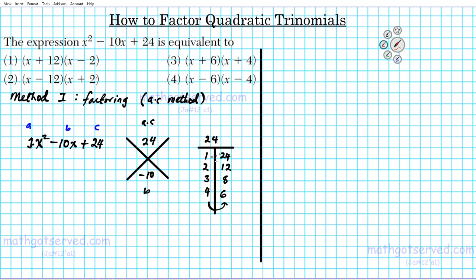All right? First pair gives you 25 or 23 when you add or subtract. That doesn't work. The second one gives you 2 and 12. When you subtract, you can get 10. When you add, you can get 14. Oh, we have 10 here. So let's try that out. So we have 2 and 12. All right.